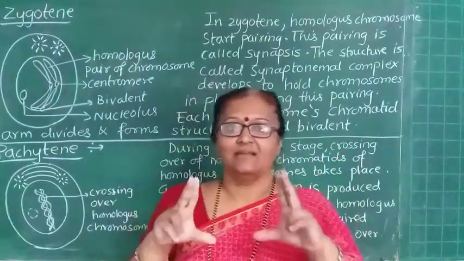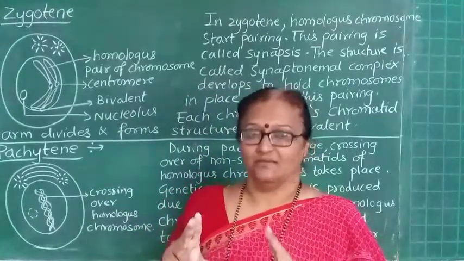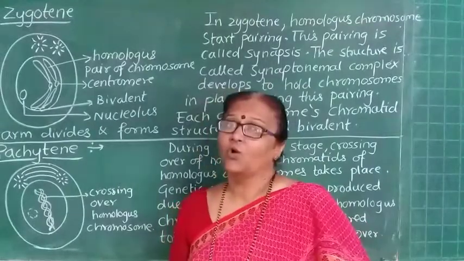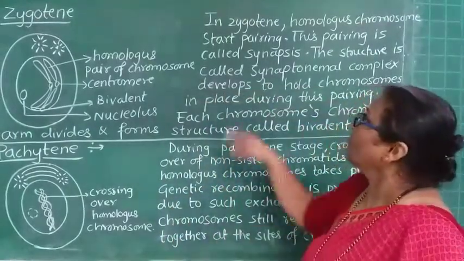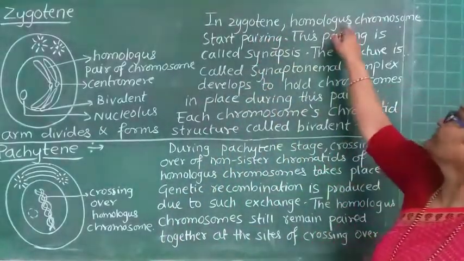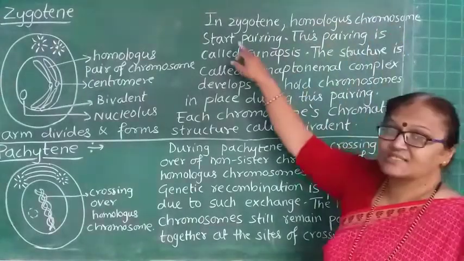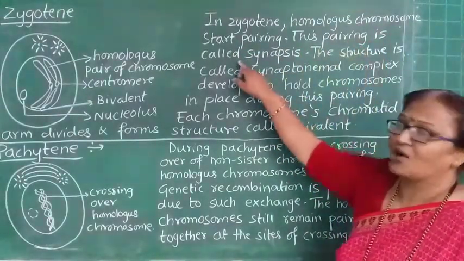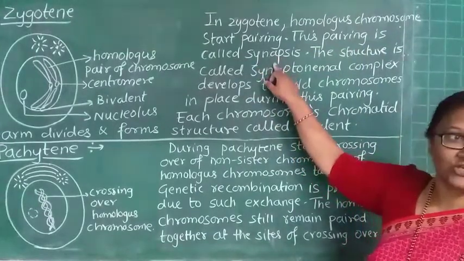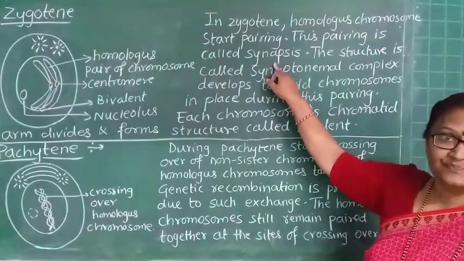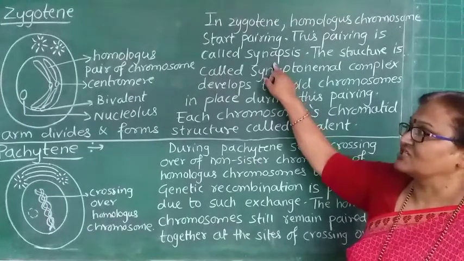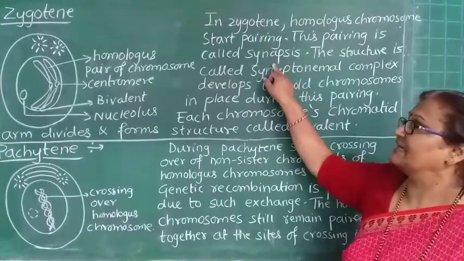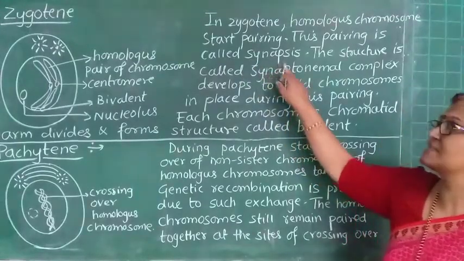Such chromosomes are called homologous chromosomes. The homologous chromosomes start pairing. This pairing is called synapsis. The process in which the homologous chromosomes start pairing is called synapsis.